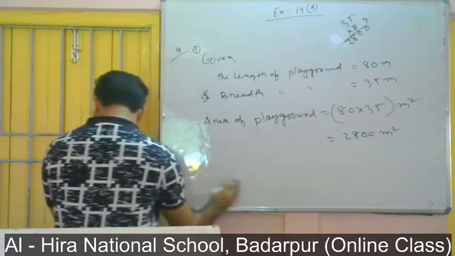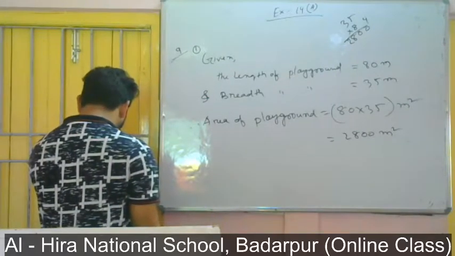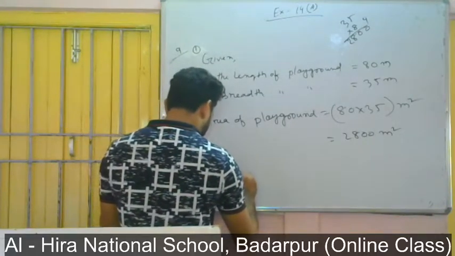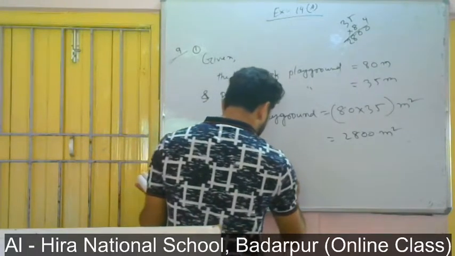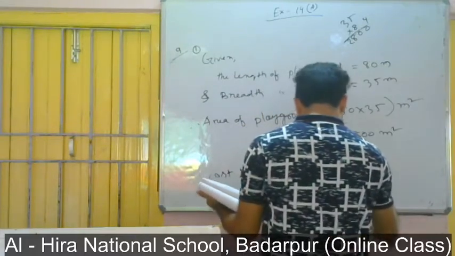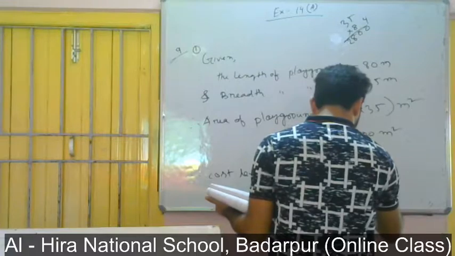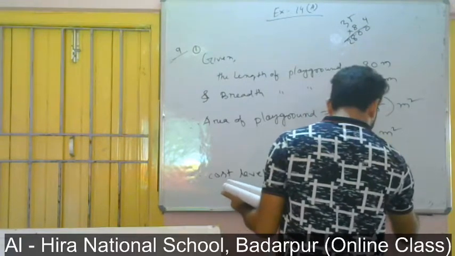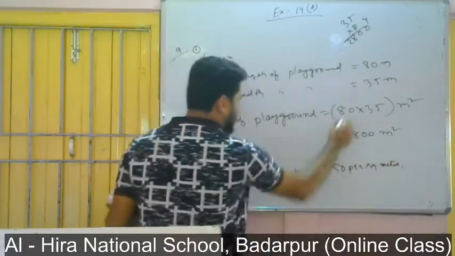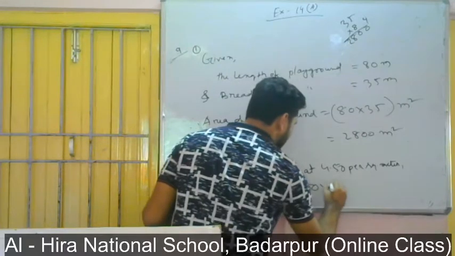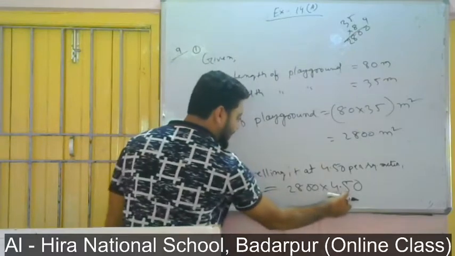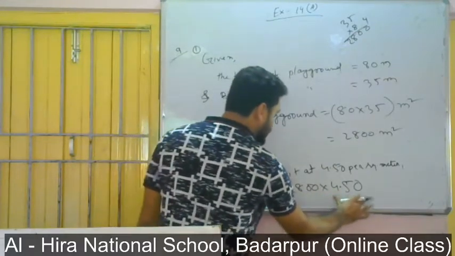Now write, find the cost of leveling it at 4.5 per square meter. Therefore the cost of leveling it at 4.50 per square meter will be 2800 into 4.50. Then you multiply 4.5 with 28, then at the last you will put zeros.